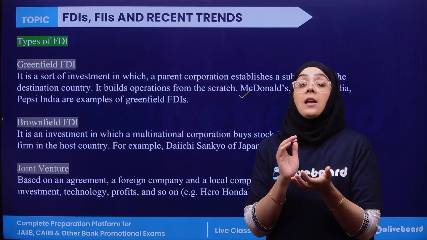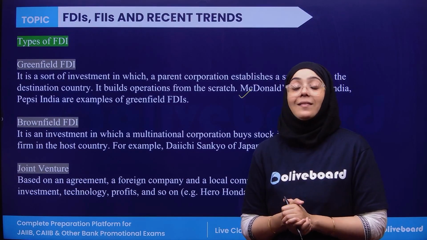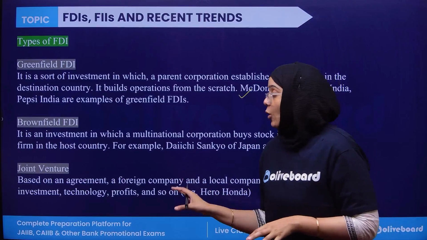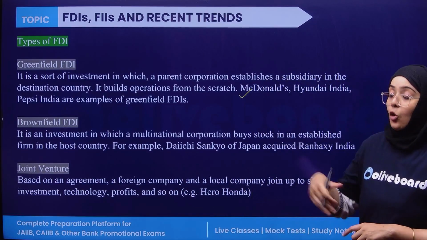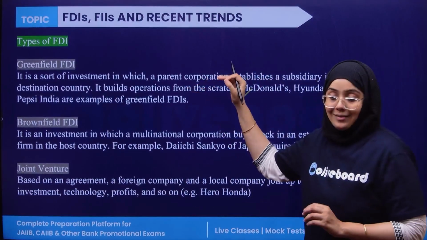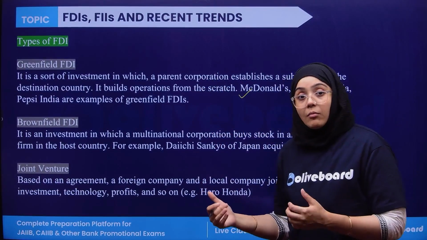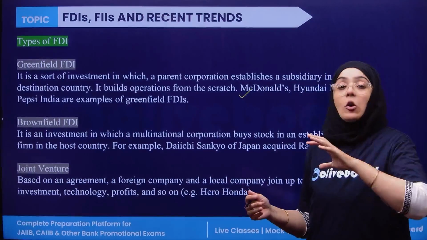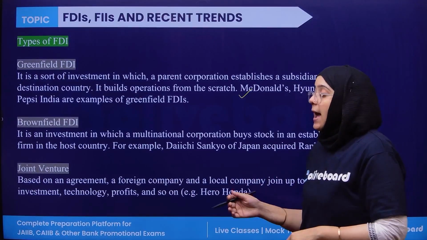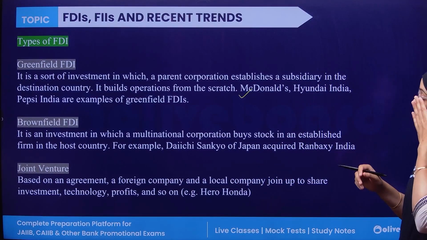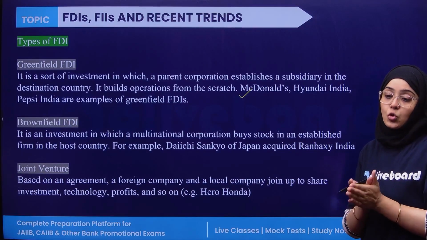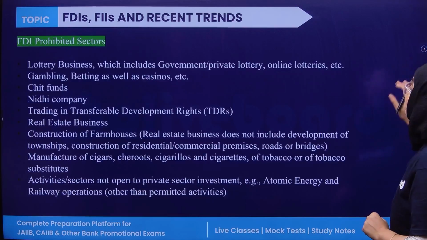They are actually sharing the profit and loss in the market. That is called a joint venture. So greenfield is everything from zero ground. In brownfield, you are already investing in the host country, and you are not building everything from scratch. And joint venture means you are joining hands to share the profit and loss. Clear?